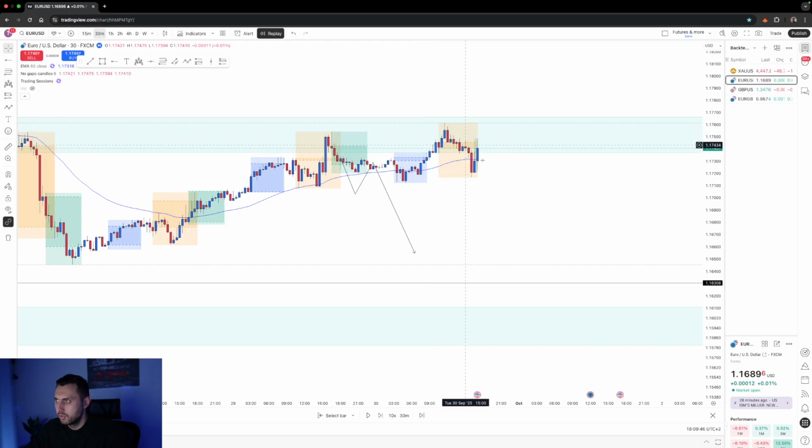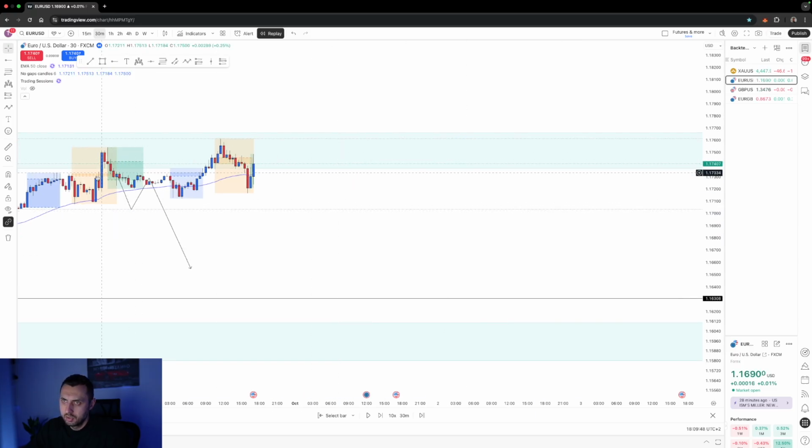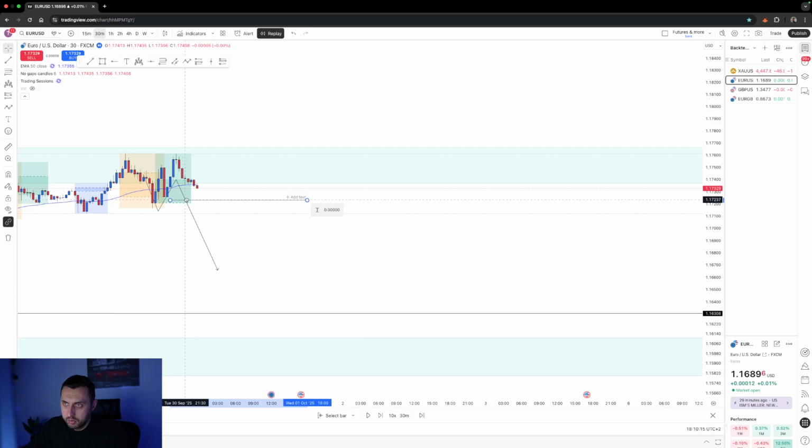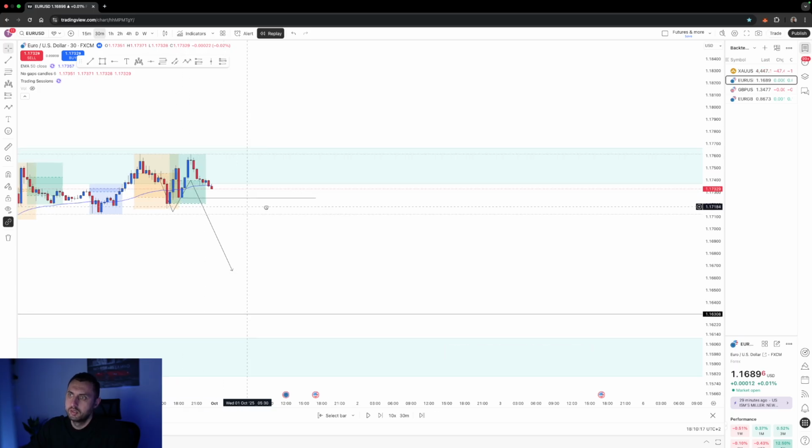Okay. Interesting. So it created a higher high. Expecting a push over here. So right now I'm expecting a push over here. Let's see.